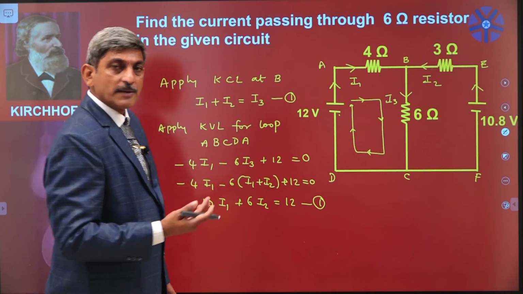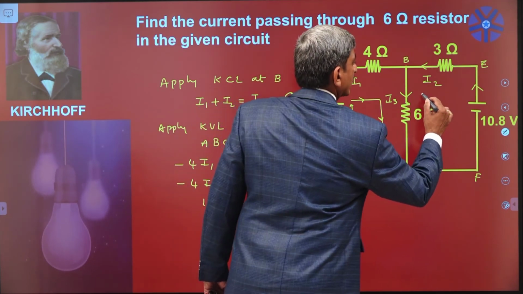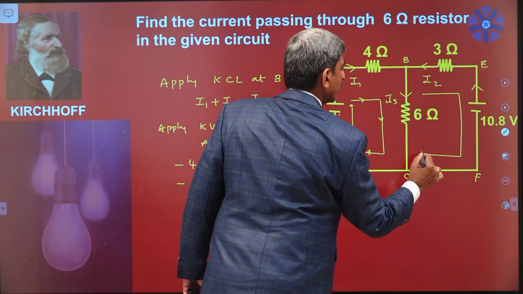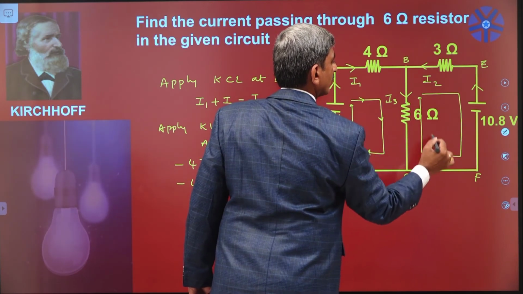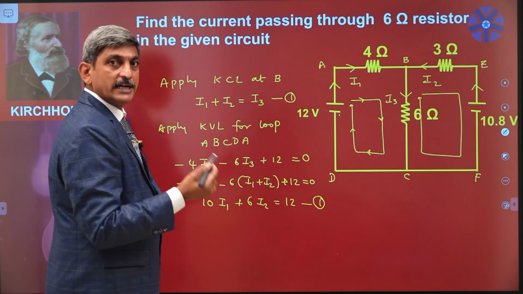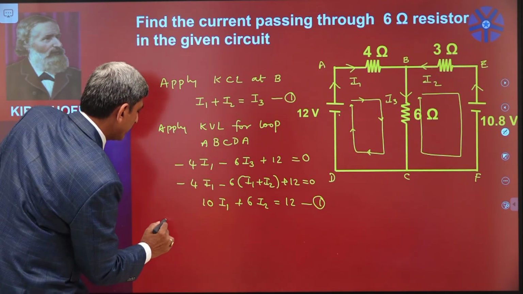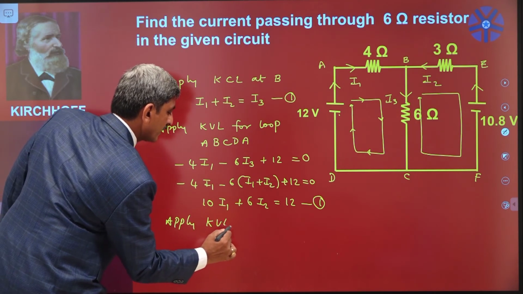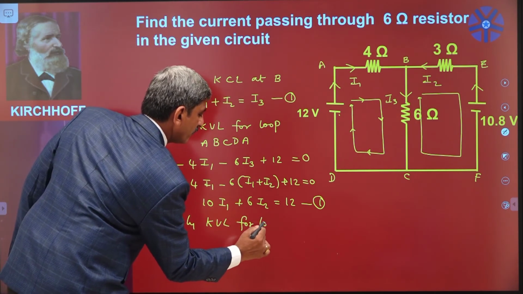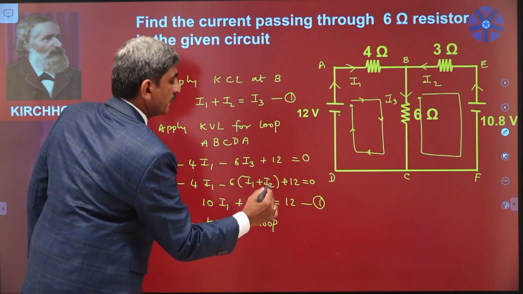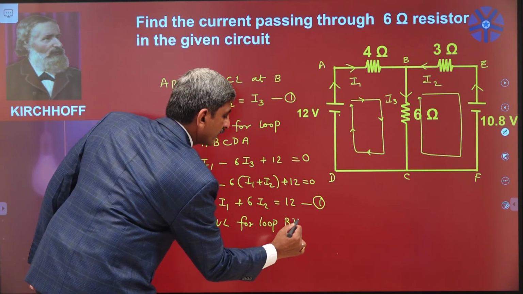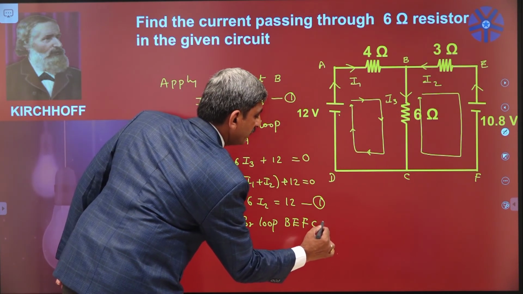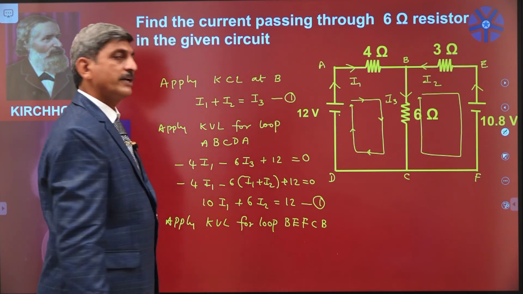Now, again apply Kirchhoff's voltage law for another loop, B, E, F, C, B. Again, write down Kirchhoff's voltage law by applying KVL for loop B, E, F, C, B. What do we get?